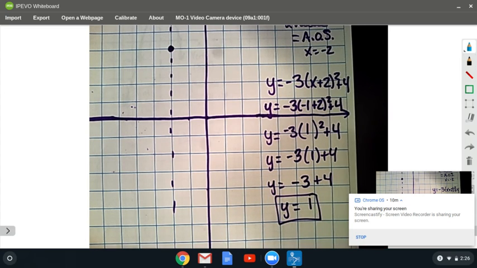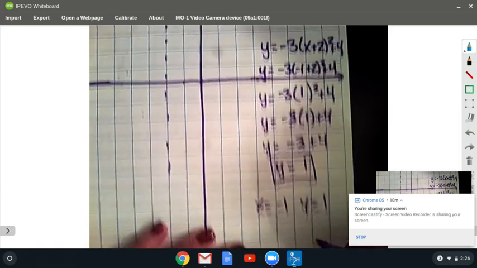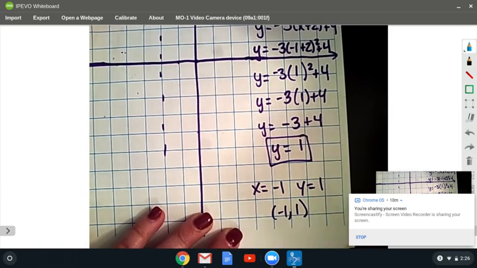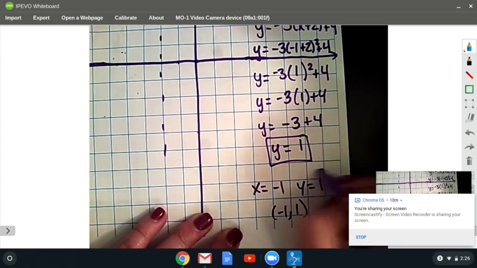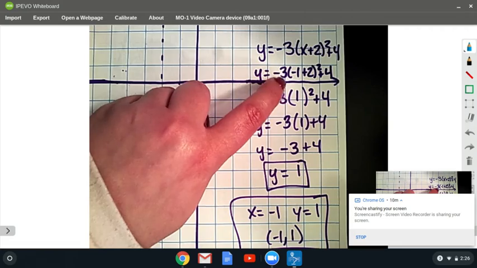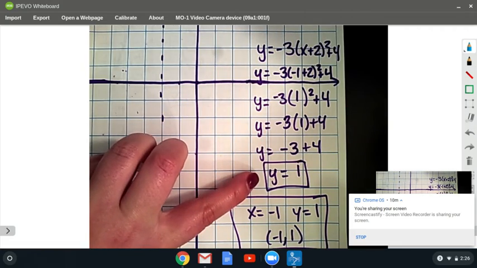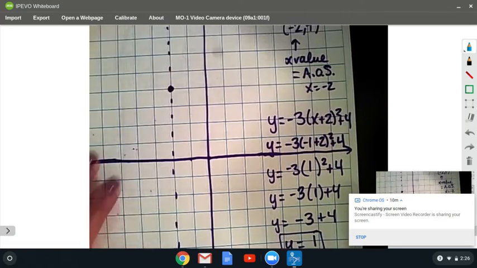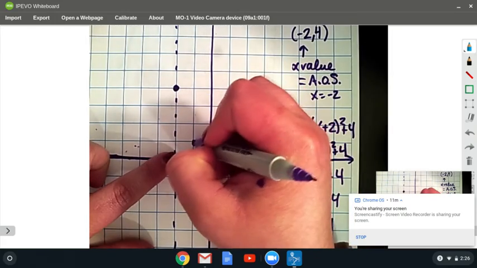So I've just found that when x equals -1, y should equal +1. That's a point, -1, +1. So I just found a point on my graph. When I plugged in x is -1, I got back y is +1. Okay, I can go ahead and plot that, -1, +1.